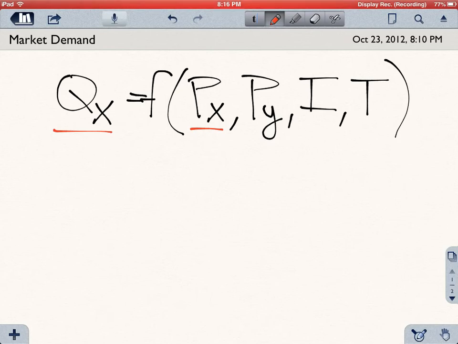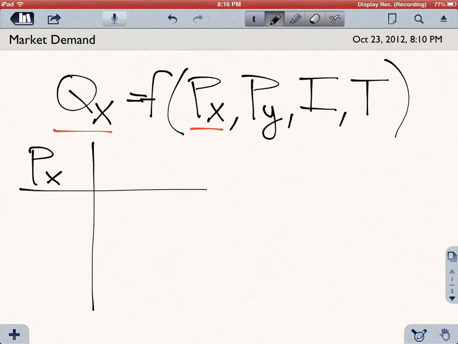One is in a table, which has two columns, the price of tomatoes, PX, and the quantity of tomatoes at each price.